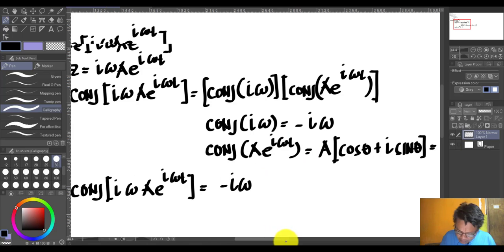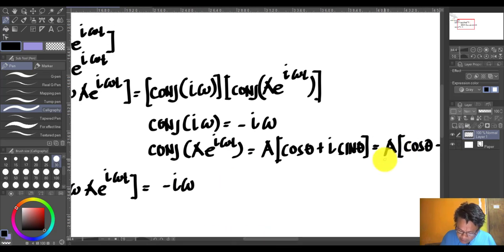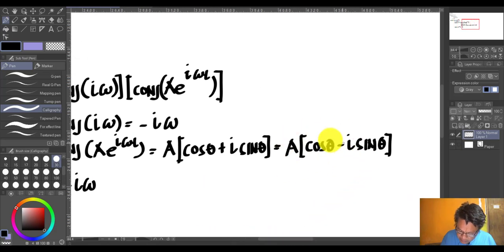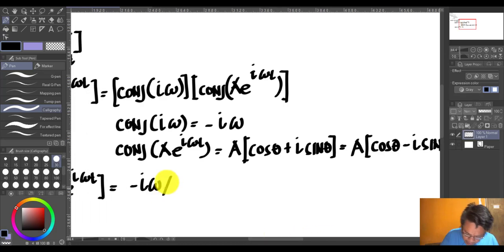Then multiply the value of this one, so that will be A times the cosine of theta minus my, sorry, I forgot my I here, so that will be I sine of theta.